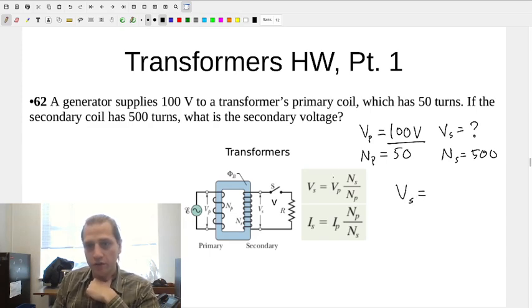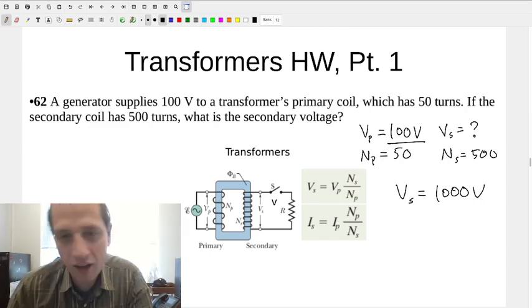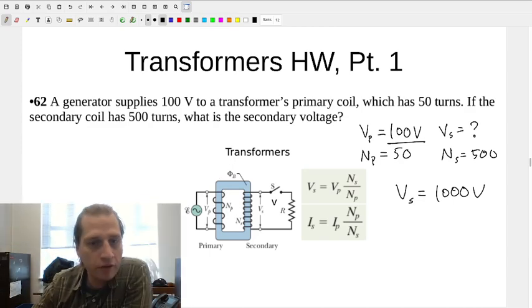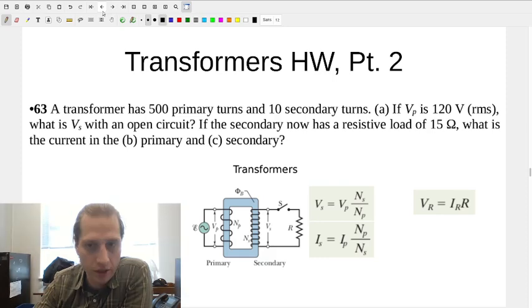Our secondary voltage, we're just going to stick everything into this equation, would be 1,000 volts. Not super complicated, but it has pretty profound implications for the way that you would set up a power circuit.